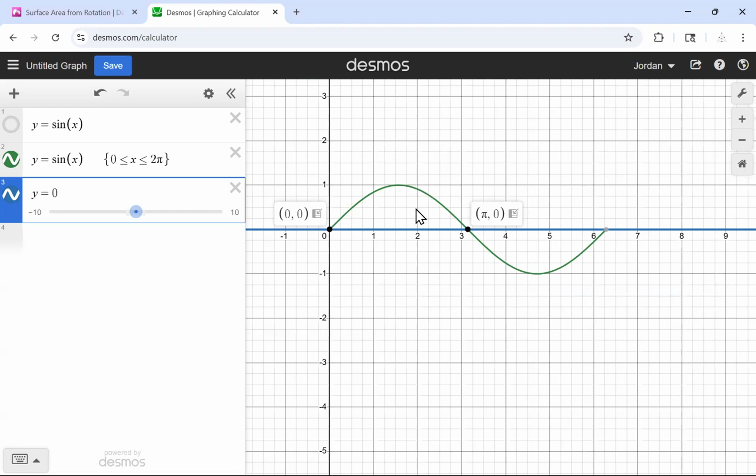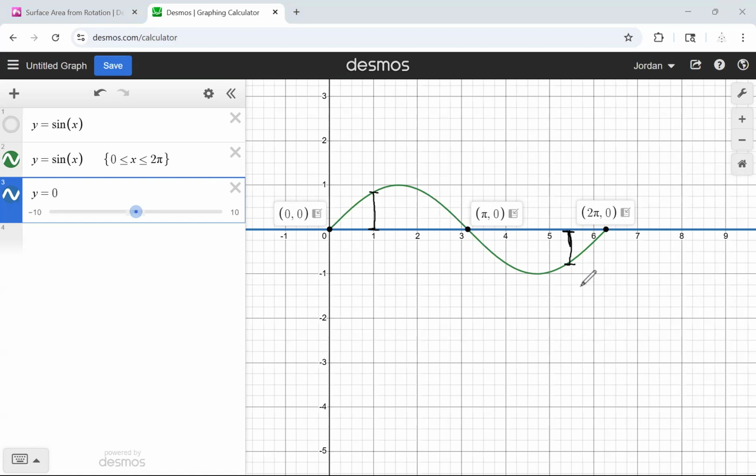So if we're revolving around the x-axis, when I do my integration, in order for the radius to be positive, I'm going to have to do sine minus 0. Between pi and 2 pi, in order for the radius to be positive, I'm going to have to do 0 minus sine.